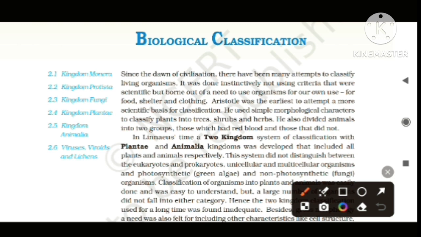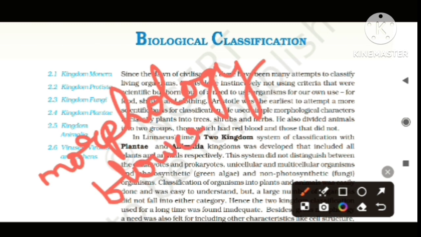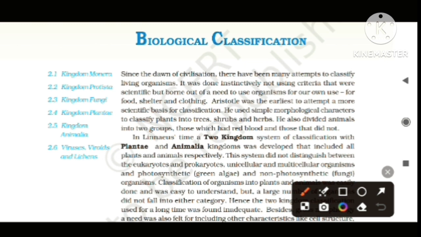Like in plants, morphology includes flowers, stem, leaves, etc. Opposite to it is anatomy, which is the study of the internal structure of the organism, while morphology is the study of the outer structure.